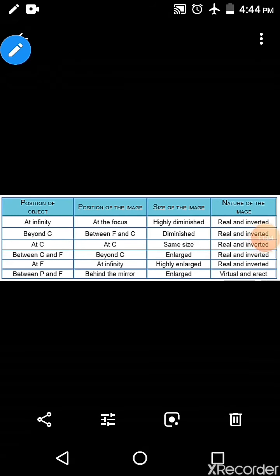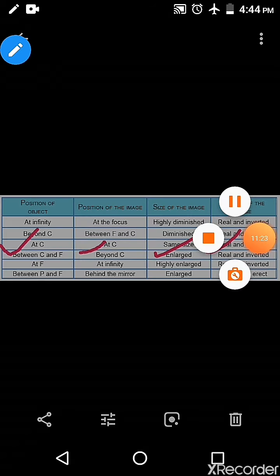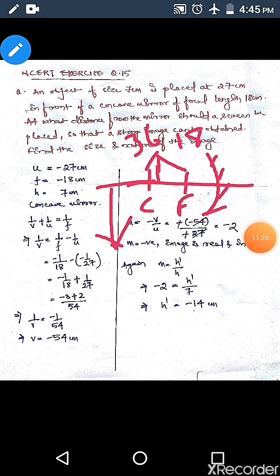Now have a look at this. If it is a concave mirror and the object is placed between C and F, that is this one, the position of the image is beyond C, and the size is enlarged, and it must be real and inverted. So let us verify it.